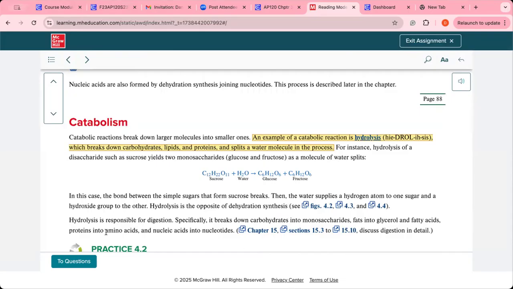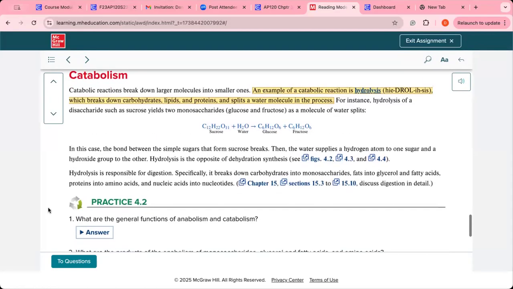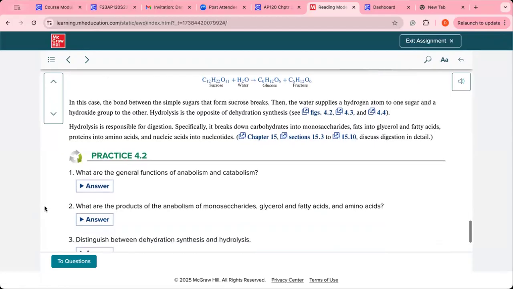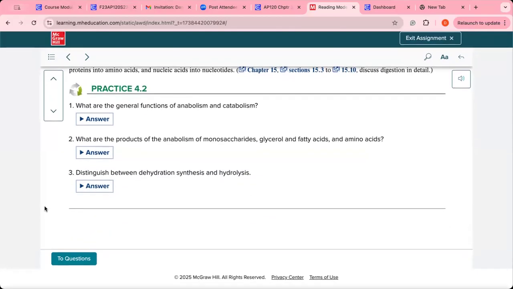An example of a catabolic reaction is hydrolysis, which breaks down carbohydrates, lipids, proteins, and splits water molecules in the process. Okay, but this isn't talking about peptide bonds.